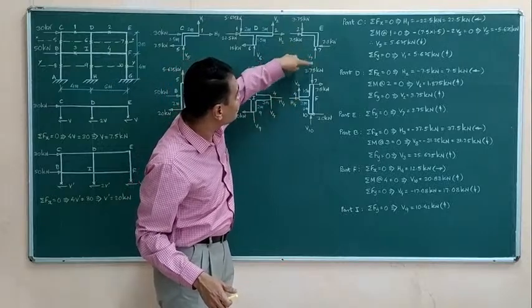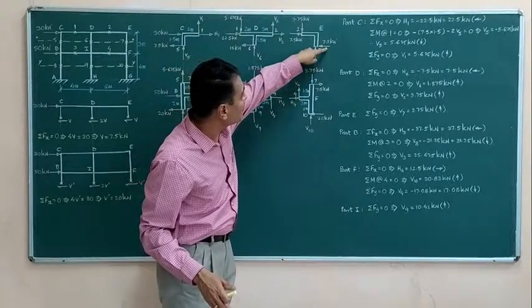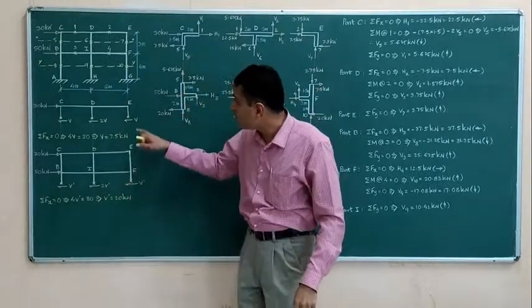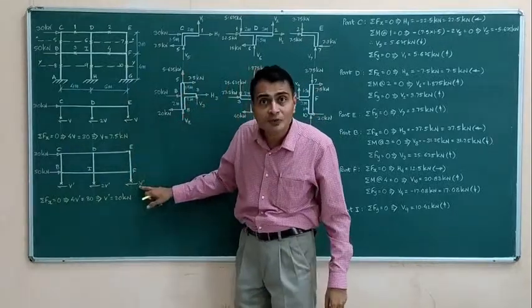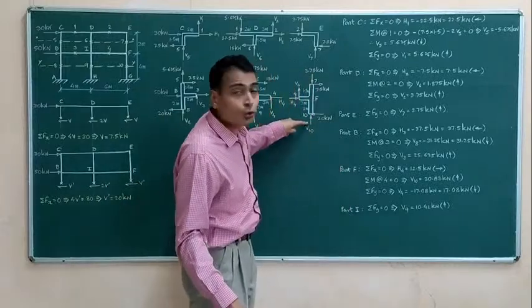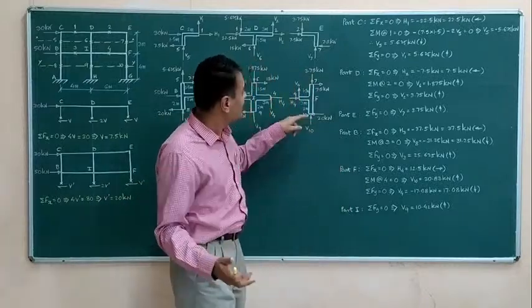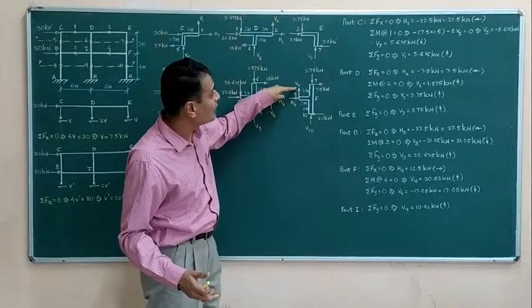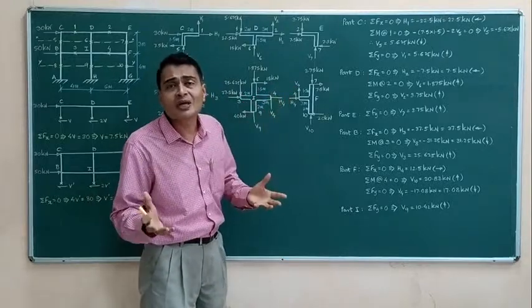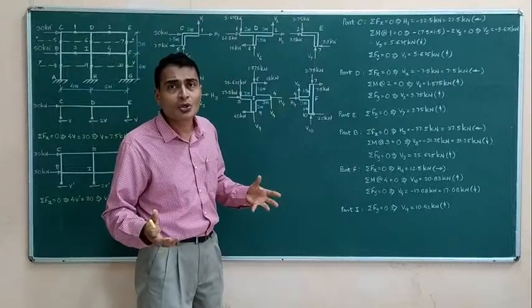Equal and opposite of this here. This is known to be 20 from here, V prime 20 kilonewtons. This is unknown, V10. This is unknown, H4. This is unknown, V4. But anyway, I have 3 unknowns and 3 equations.